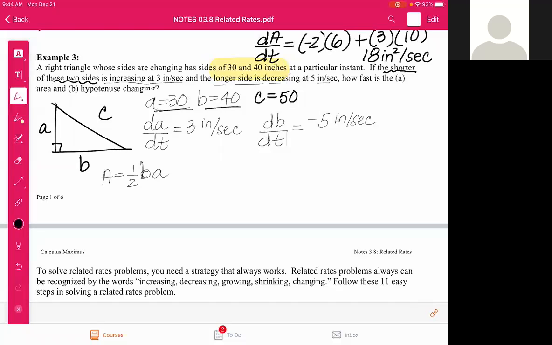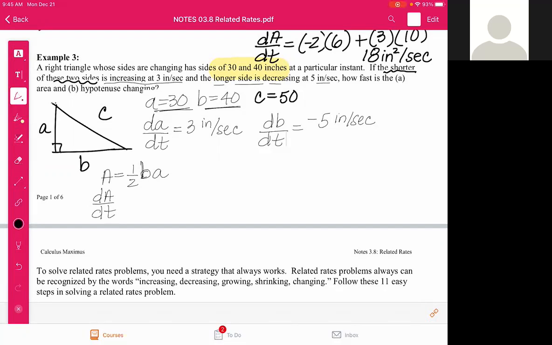Now, we've got to take the derivative of this. Don't put the 30 and the 40 in. Otherwise, when you take the derivative, it'll be 0. We don't want that to happen. So dA/dt. This is product rule again.